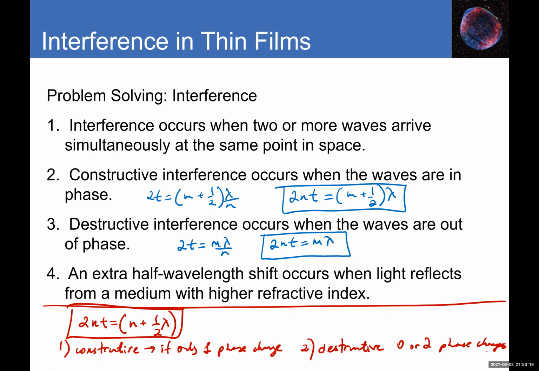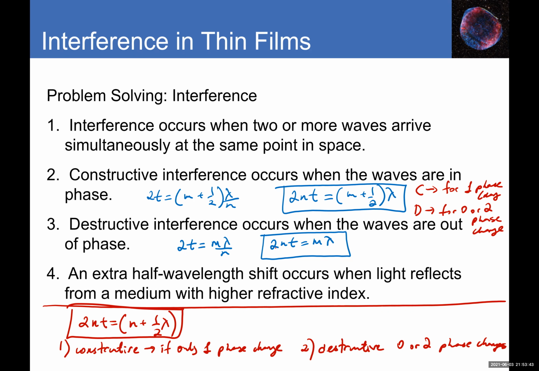Okay, so that's that. Let me write that down. So C, constructive for one phase change, and D, destructive for 0 or 2 phase changes. All right, so how about the other equation, 2nt equals m times lambda?